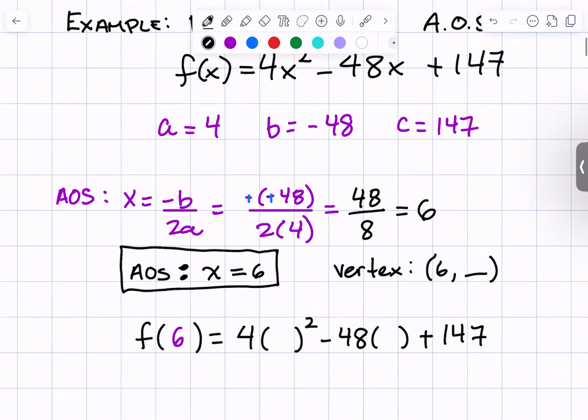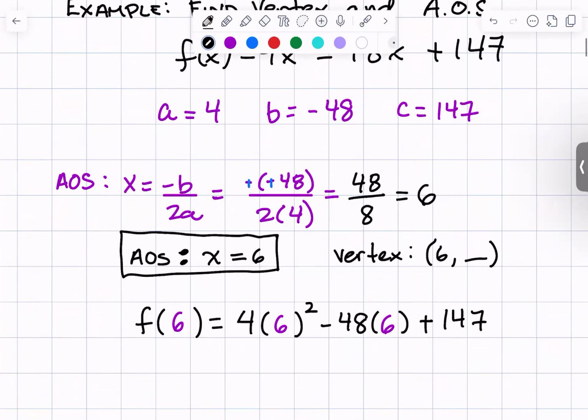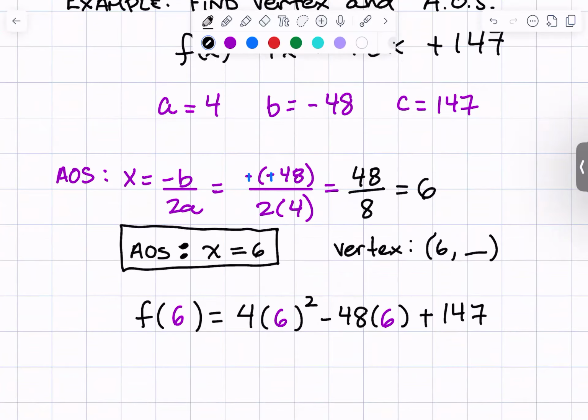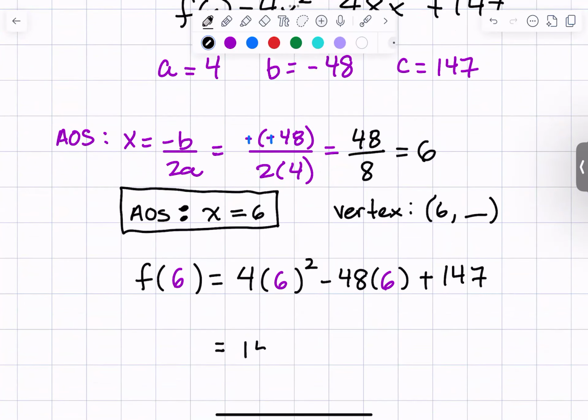So that would be all sixes. I'm going to plug in 6. So 4 times 6 squared; 6 squared comes first, so that's 4 times 36. 4 times 36 is 144. Minus 48 times 6, that's 288. Plus 147.